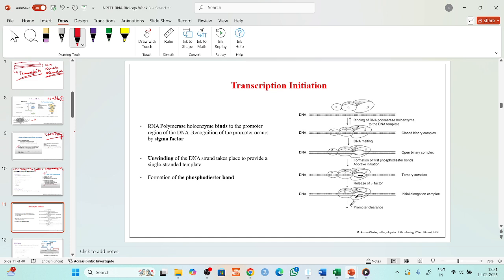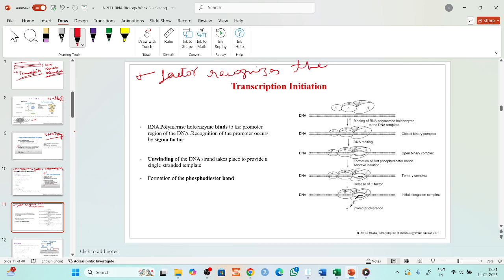So for that, it has the sigma factor, the one which is making it a holoenzyme. So basically, sigma factor recognizes the promoter region. Remember that sigma factor recognizes the promoter region.